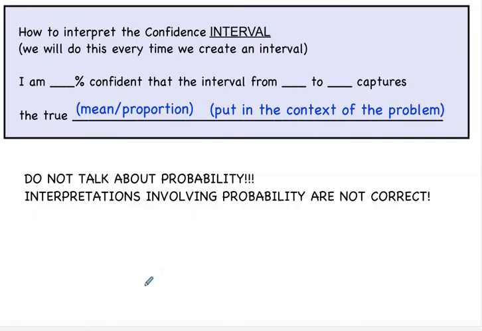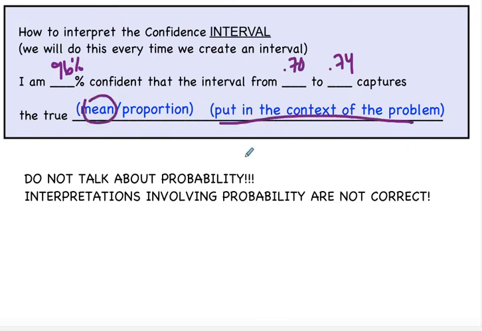You're also going to be asked to interpret the confidence interval. And this is something you're going to get really good at because you're going to do it so much. Whatever your confidence level was, like in the last problem, I would say I'm 96% confident that the interval from, and then you would figure out the numbers, I'll show you that in a minute, let's say 0.70 to 0.74 captures the true mean, and then mean of what?